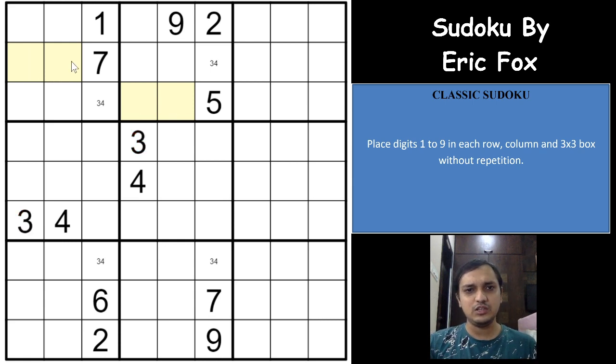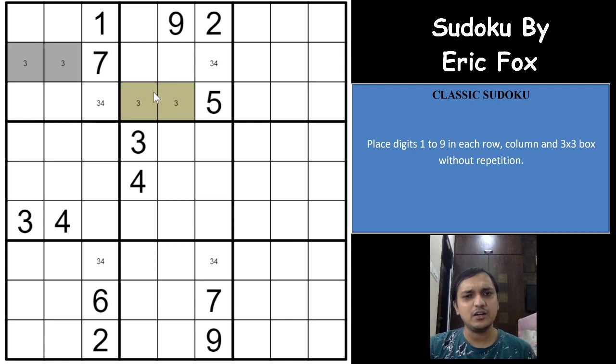I'll just mark them. 3 won't be possible in these 4 cells because all these 4 cells see both of these 3s, which are in different rows. And even the 4 is not possible, because we are using the same pair in both the rows.